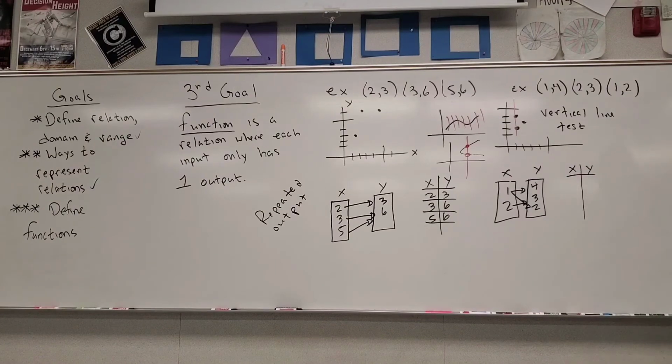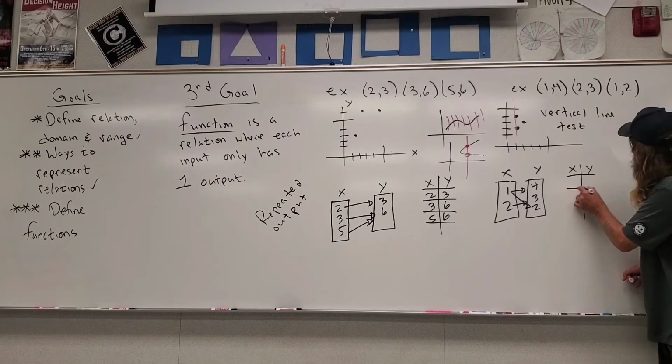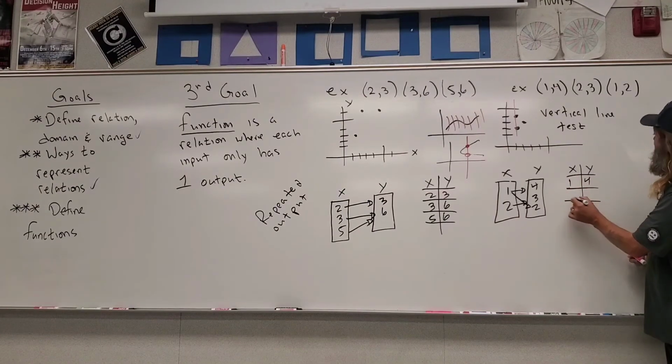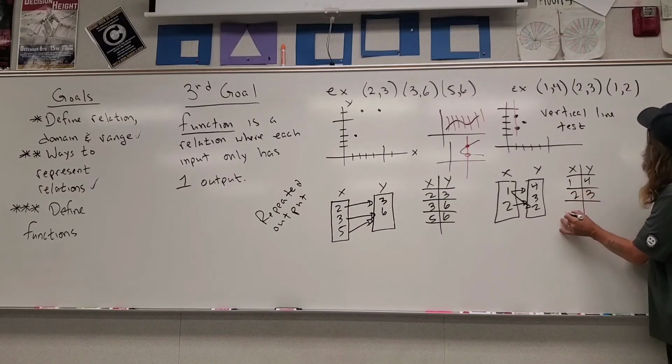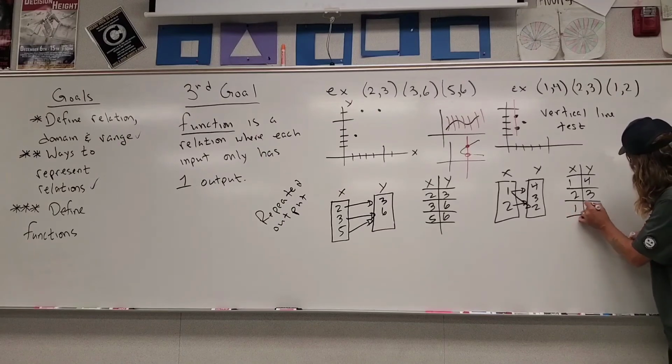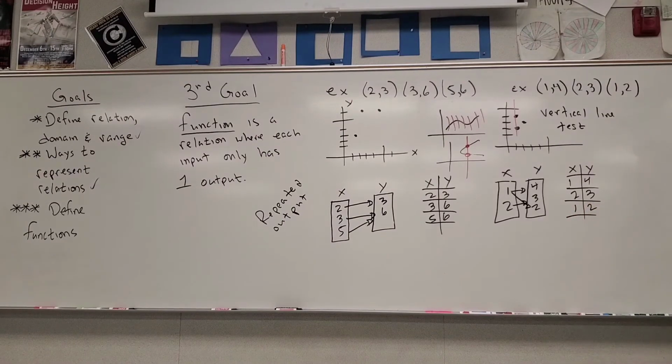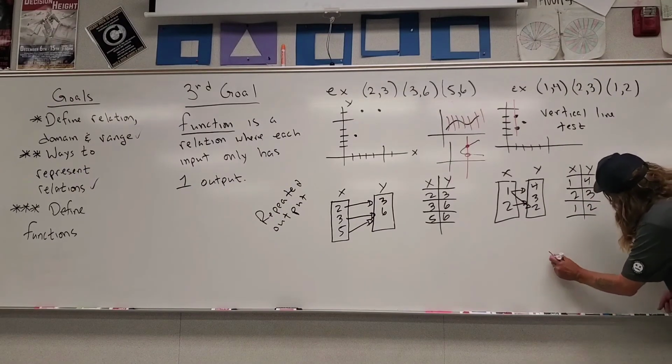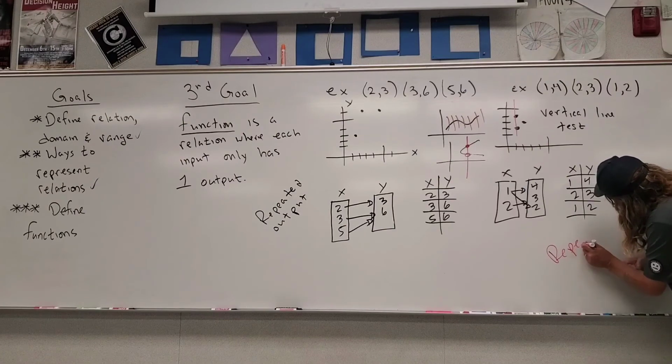And then let me write this as a table and make one last observation about this. So 1 goes to 4, 2 goes to 3, and 1 goes to 2. And so here I see that I have repeating inputs. And that tells me again that I do not have a function.